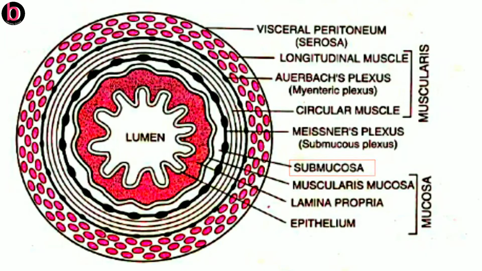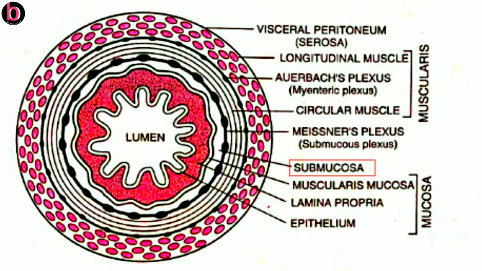The third layer is submucosa. Submucosa is composed of loose connective tissue. It is richly supplied with blood vessels as well as lymph vessels. There is also a network of neurons. As we discussed in muscularis, there was a network of nerve cells plus parasympathetic nerve fibers.